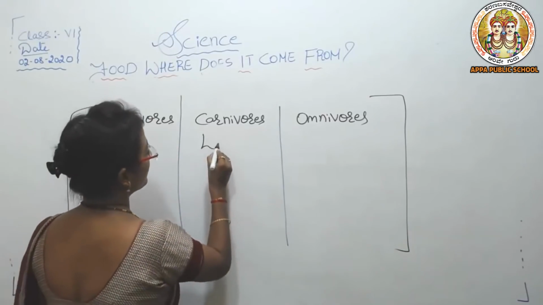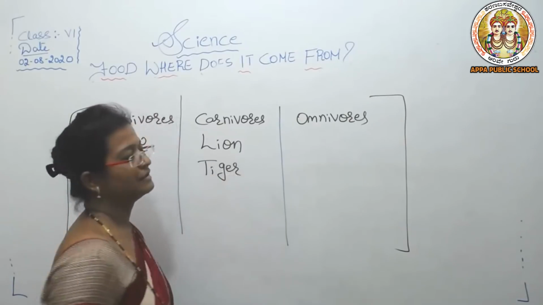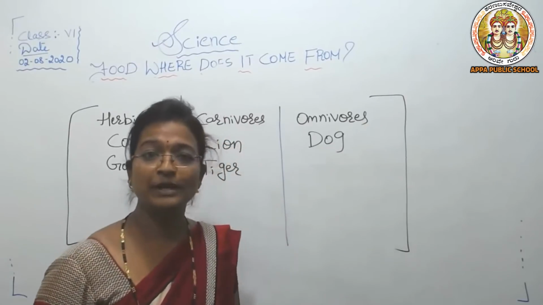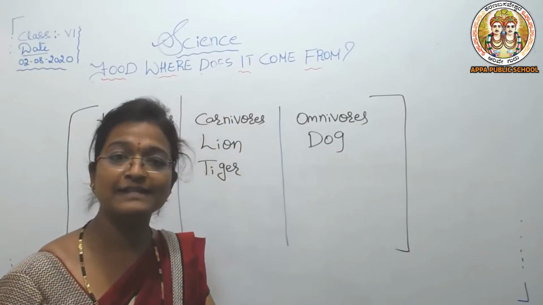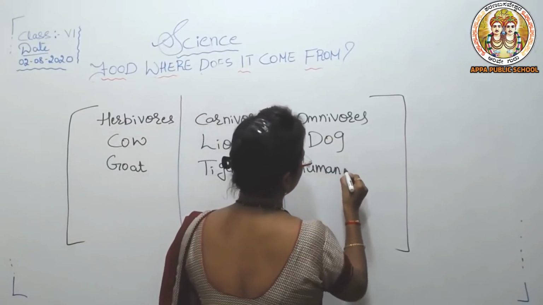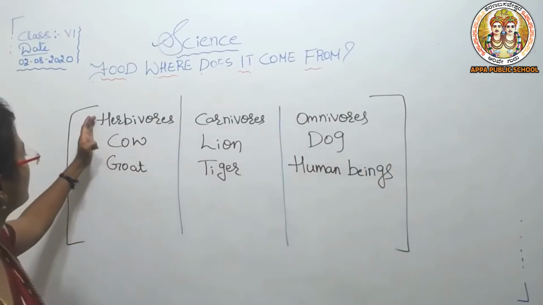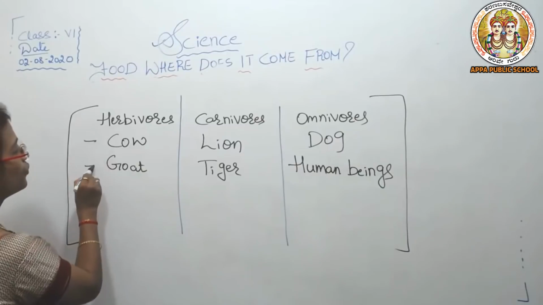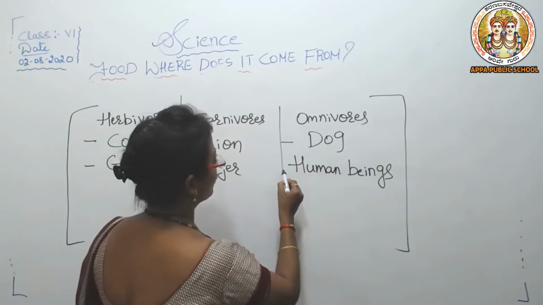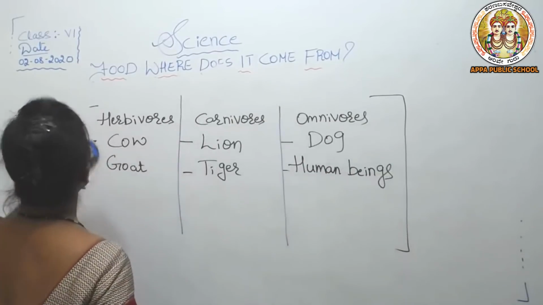Carnivorous, lion, tiger. And omnivorous, dog, and even human beings. Even we eat both plants as well as animals. So here herbivorous, the examples are cow, goat; carnivorous, lion, tiger; and omnivorous, dog, human beings. So these are the topics which we learned today.